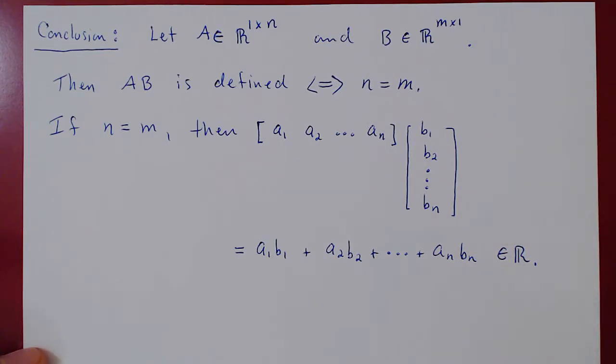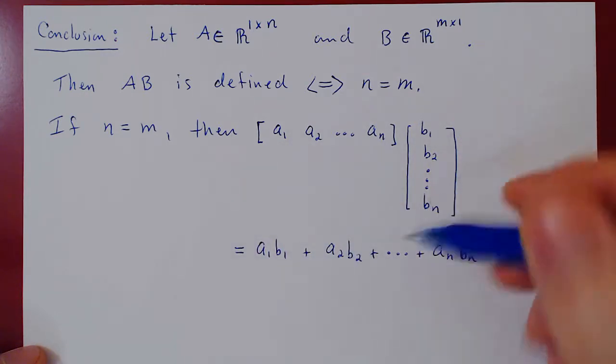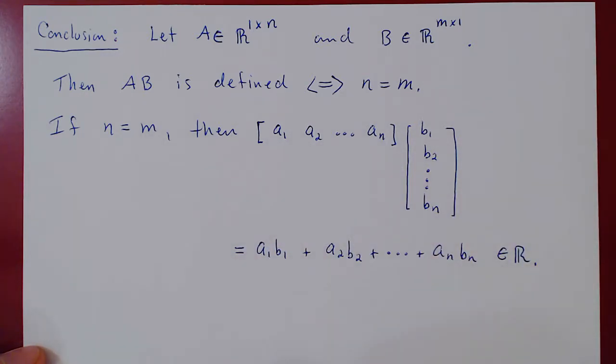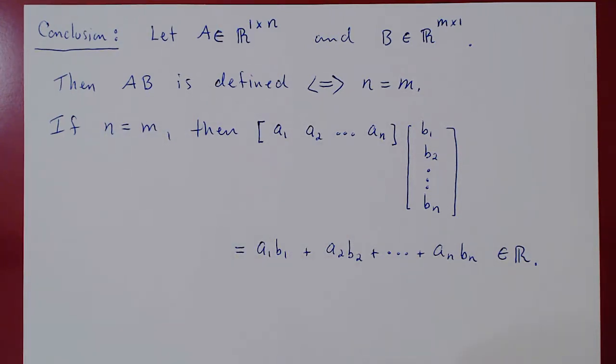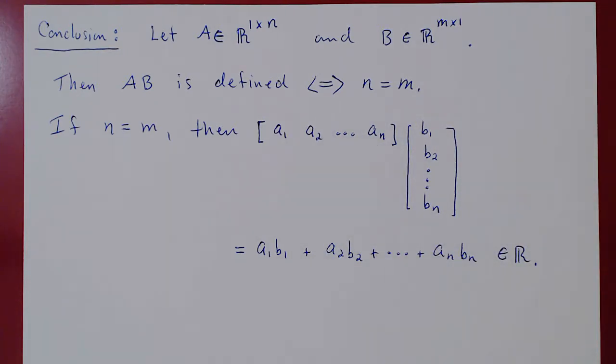And this is how you define the result of a row matrix times a column matrix if they have the same length. If not, then AB is not defined. With this, we can now extend this multiplication to rectangular matrices. As we will see, it is not always defined.